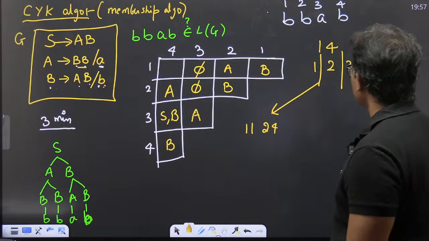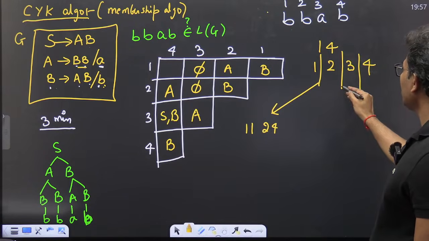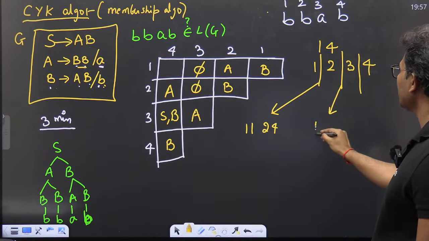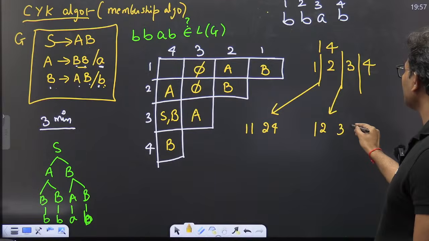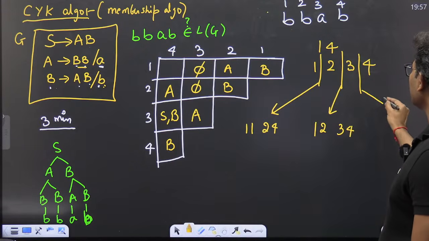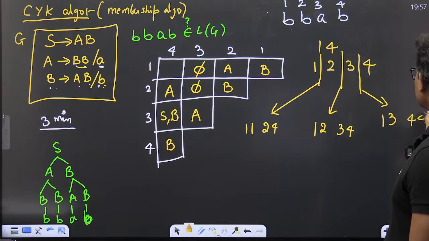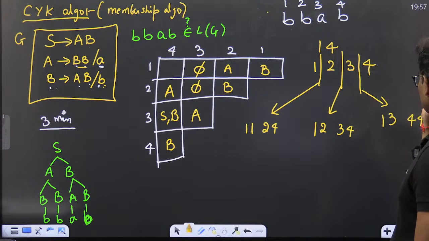If I break it here, it is going to be 1 2 3 4. If I break it here, it is going to be 1 3 4 4.